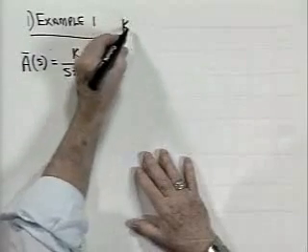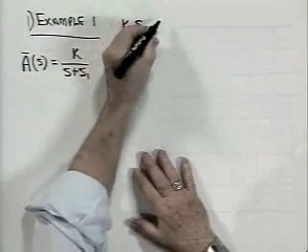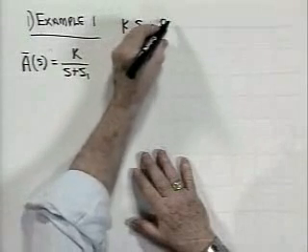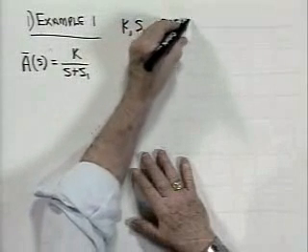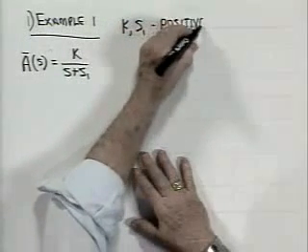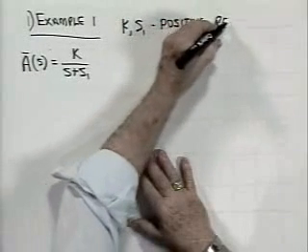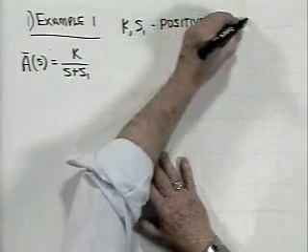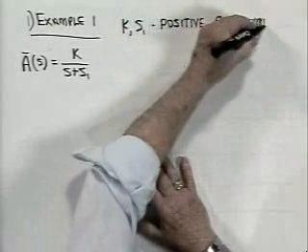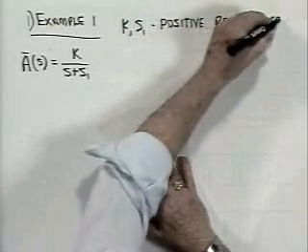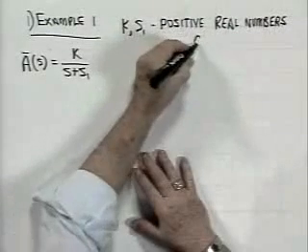K and s1 are positive real numbers. They are constants.